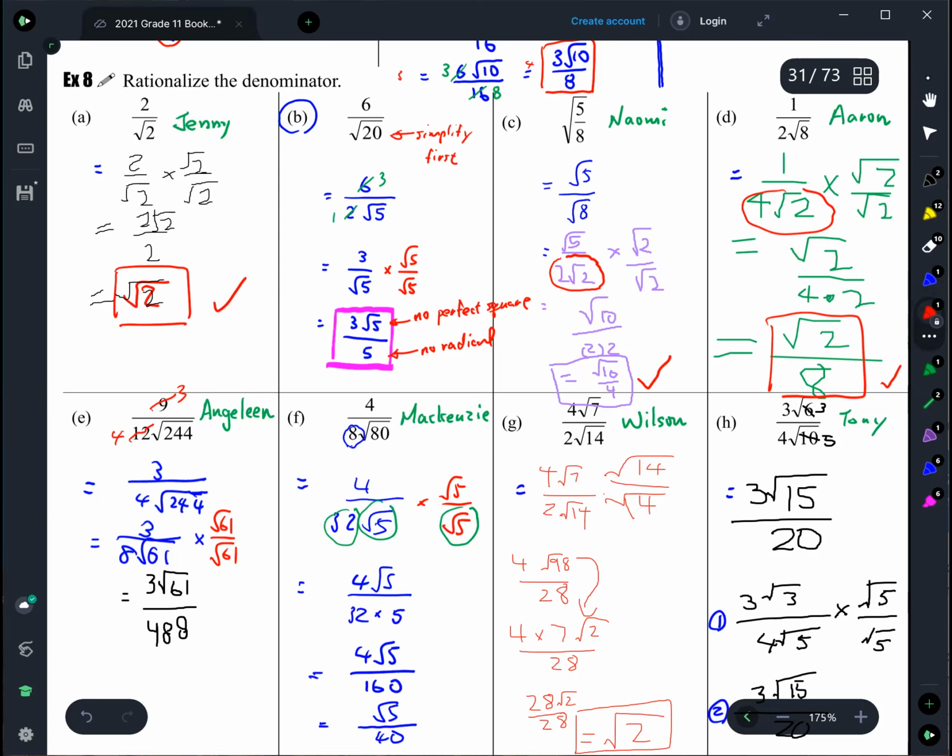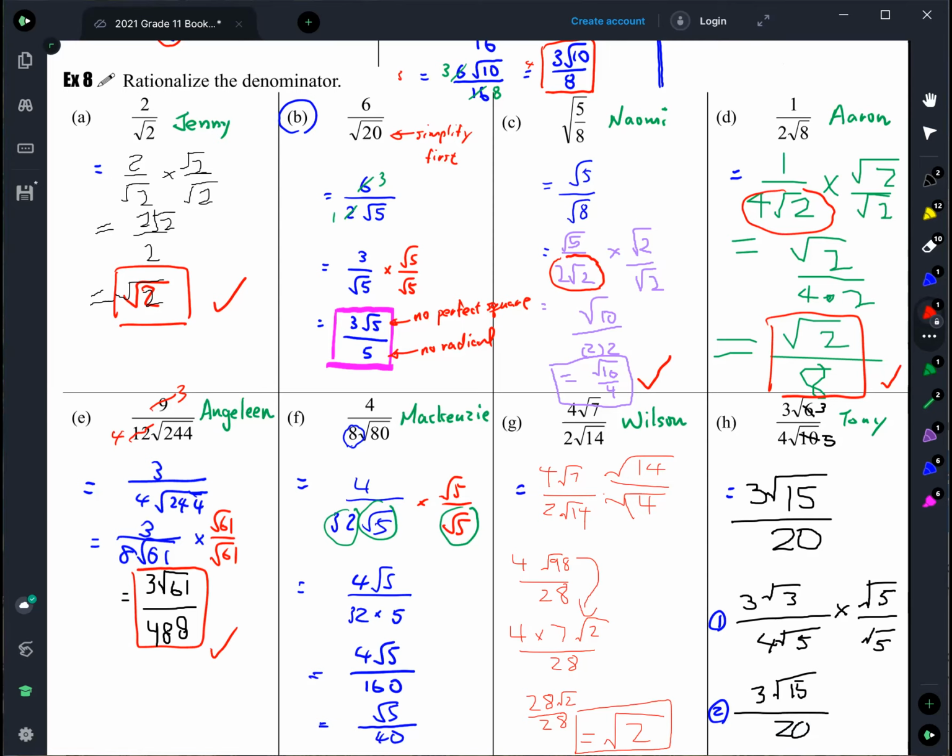And then it'll be 3 root 61 and 8 times 61, so 488. 8 times 61 is, yeah, 488. Okay. Yeah, you got the final answer correct. Does anyone have questions about E? Okay, so if you can reduce the fraction first, reduce that first.